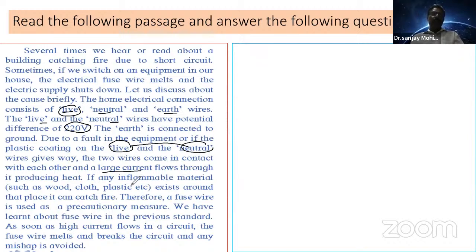If inflammable material such as cloth and plastic exists around it, there is a possibility of catching fire, and therefore to avoid such a situation we have to use the fuse. So the fuse controls this type of damage. Therefore the fuse is very, very important in an electrical circuit.